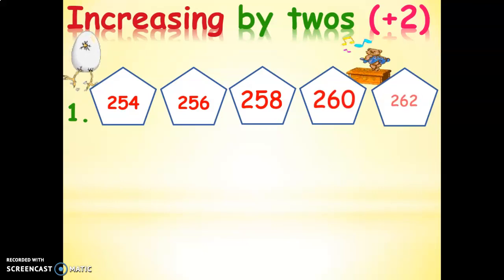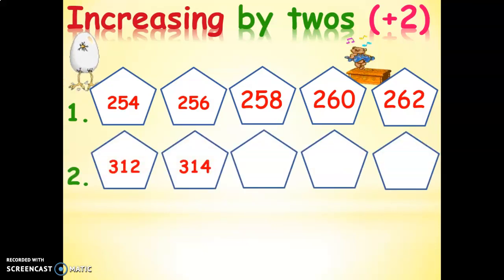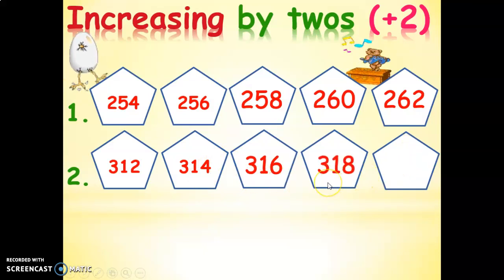And the last number is 262. Did you get all the answers right? Now let's see number 2. We start with 312. Plus 2 will be 314. Plus 2 again is now 316. Plus 2 is 318. And the last number, plus 2, is 320.